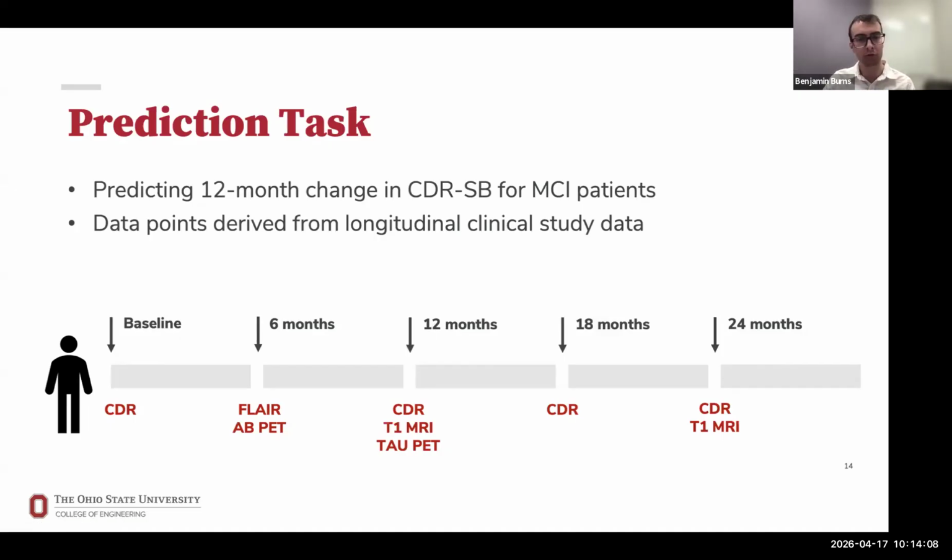So for example, at 12 months, the patient can have their CDR measured as well as a couple of neuroimaging modalities, not necessarily the full breadth of all of the neuroimaging that is possible to take. And a year later, 12 months later, they can also get a follow-up appointment where they have their CDR reevaluated. So we can measure the difference in the CDR over this 12-month period and try to use the neuroimaging modalities available at the 12-month checkpoint to predict the CDR 12 months later.